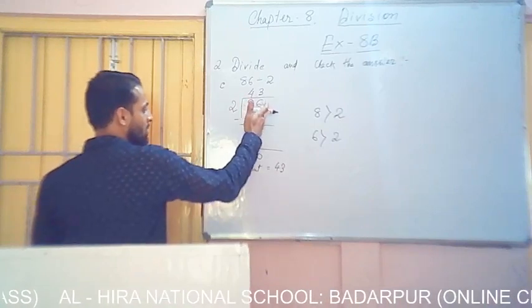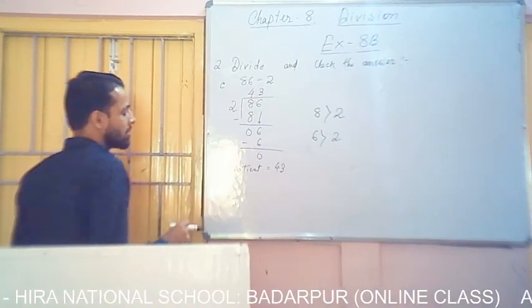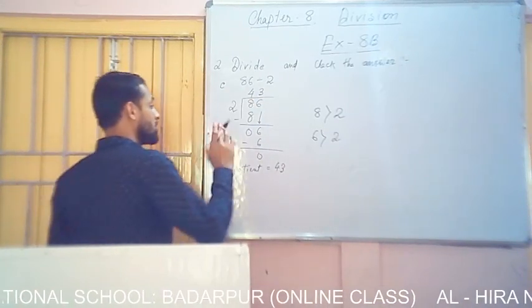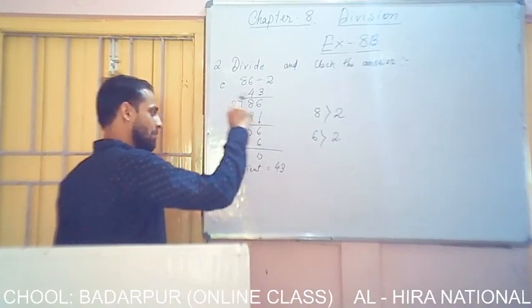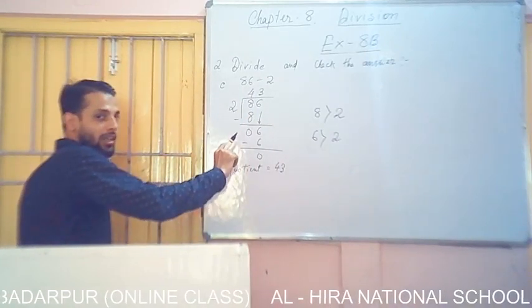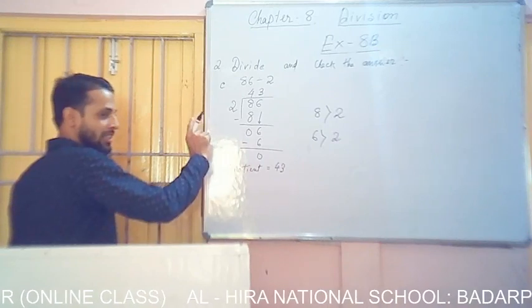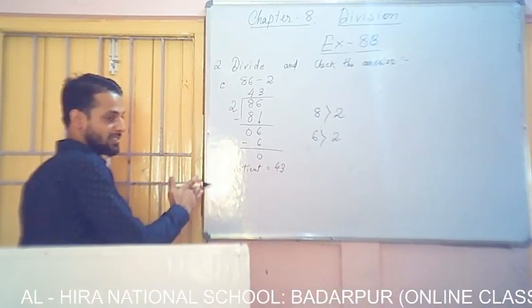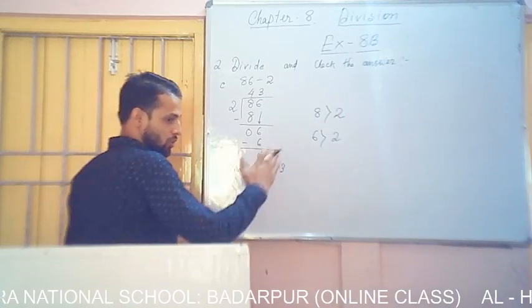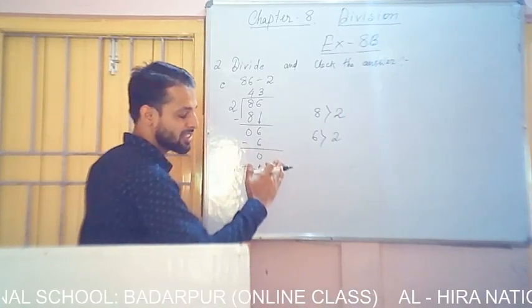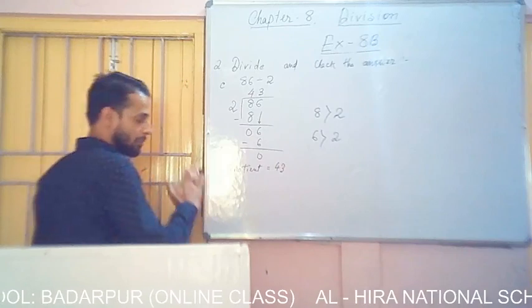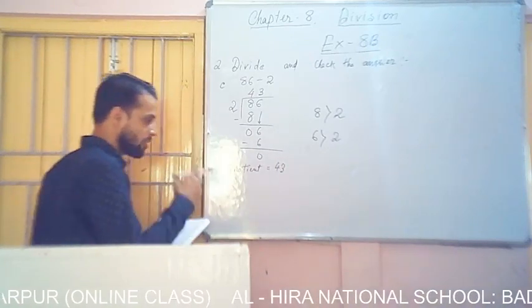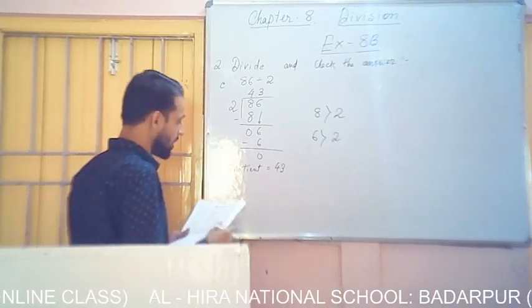That means the digit which is in the ones place should be written on the ones place, and the digit in the tens place should be on the tens place. The ones place doesn't go to the tens place, and the tens place doesn't come to the ones place. You have to be careful about that, otherwise the whole sum will become wrong.